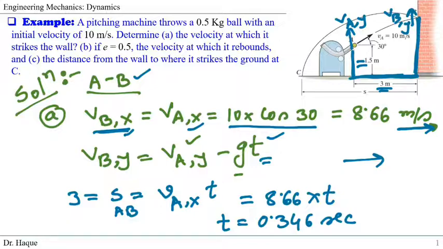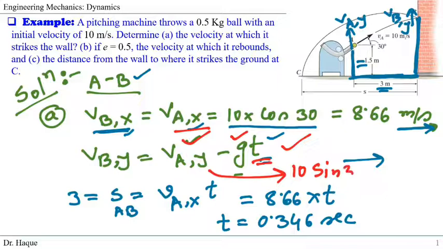Now we found T already, right? Now go back to our equation and check what the unknowns are. I know T, I know G, I know this part, right? VAY. What would be the VAY? Tell me. Think for a second. What would be the VAY? If your VAX is 10 cos 30, your VAY would be 10 sin 30, right?